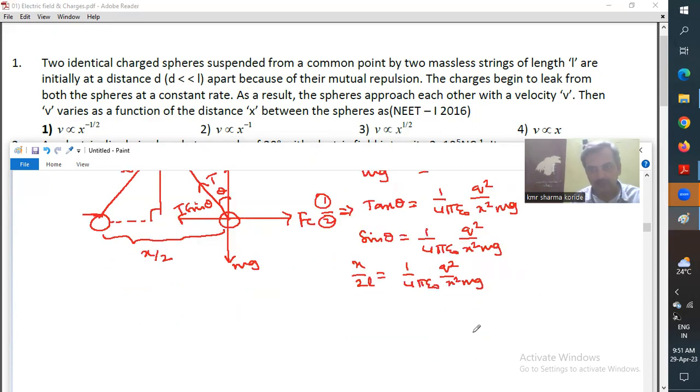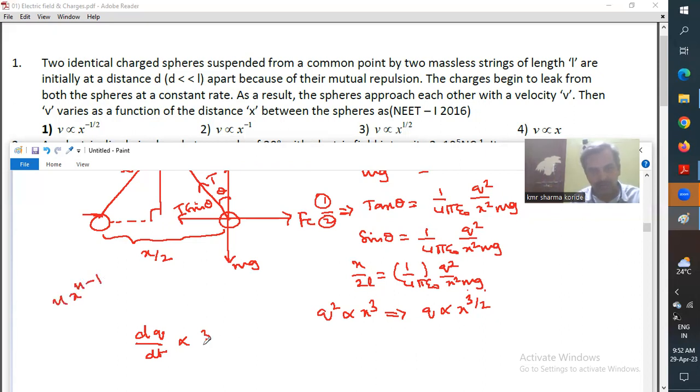Now mg, L and 4 pi epsilon naught are all constants. You can directly write q square proportional to x cube. Otherwise q proportional to x to the power of 3 by 2. Now you differentiate, dq by dt proportional to n into x to the power of n minus 1.